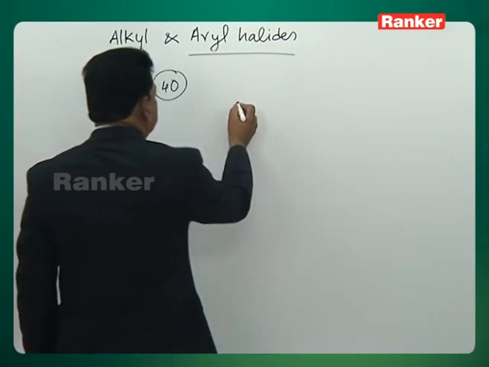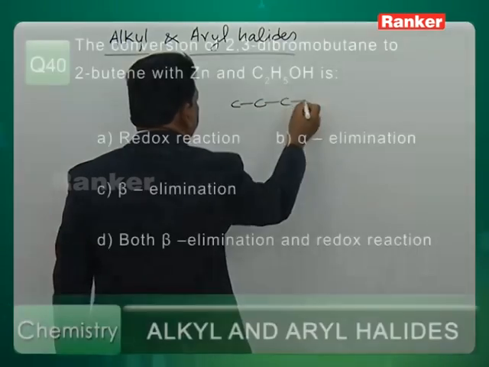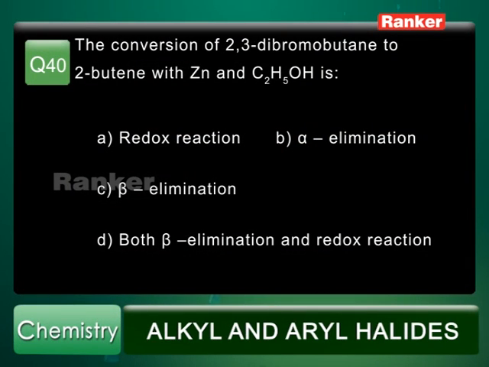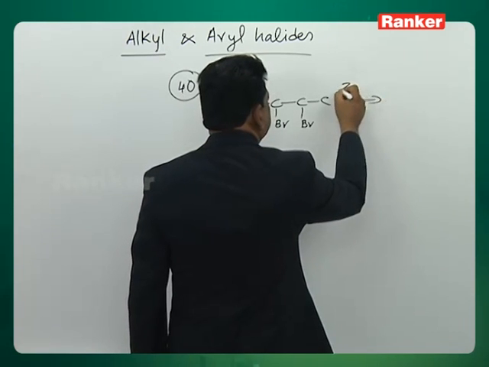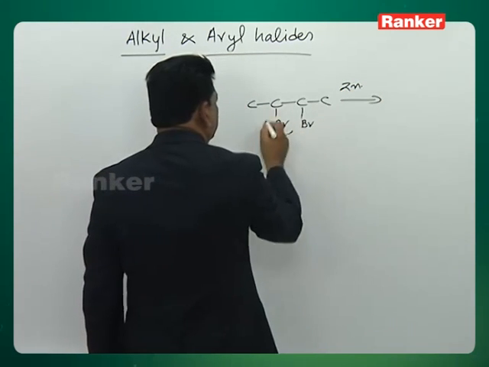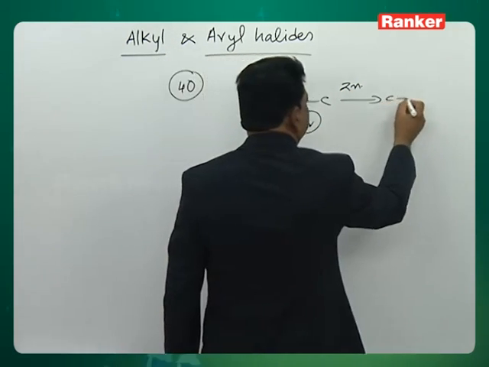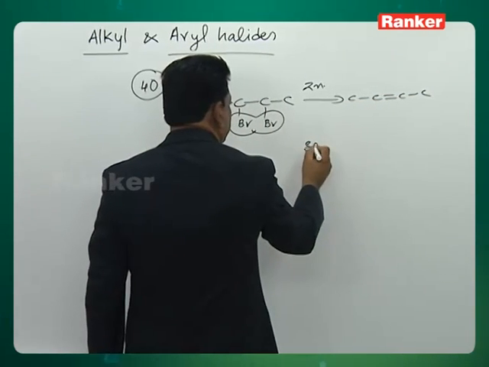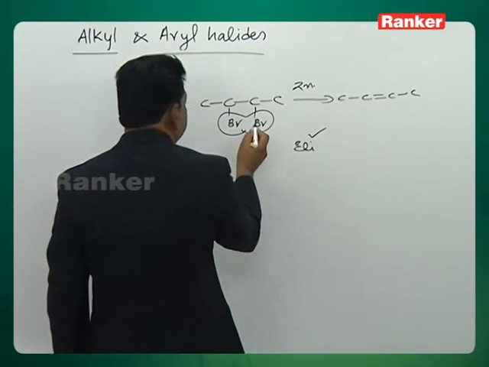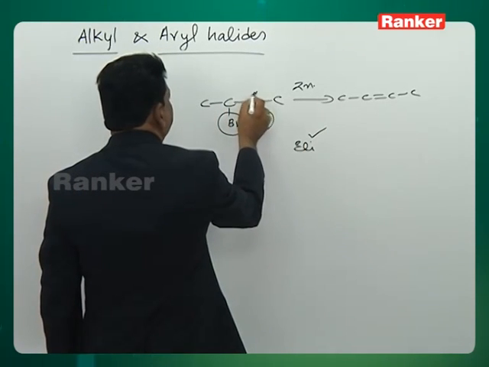The reaction is actually on a dibromobutane. Let us see the question here. It's 2,3-dibromobutane treated with zinc. The zinc takes away the two halogens, so it is an elimination reaction forming 2-butene. So elimination is right. Specifically with reference to the bromine, it is alpha and beta.